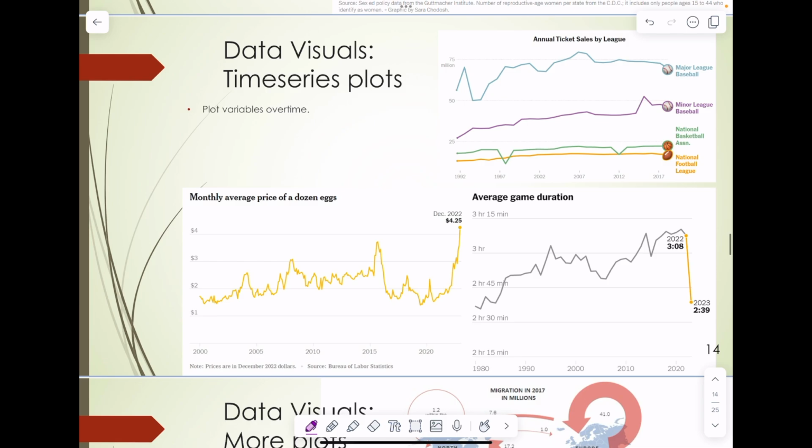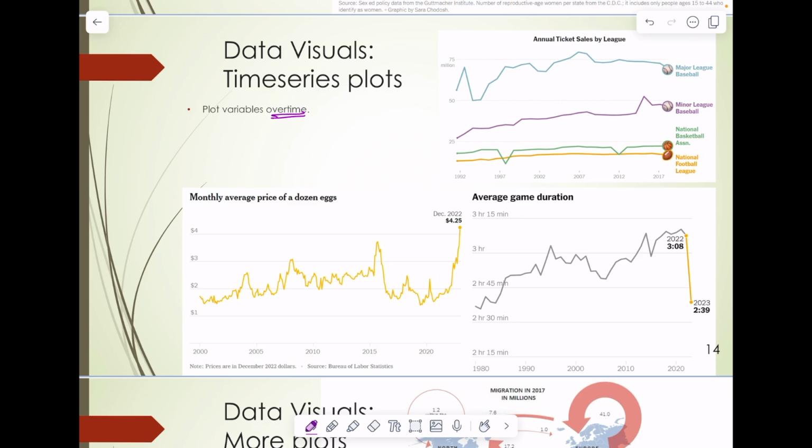Okay, time series plots. A time series plot plots a variable over time, and this also allows you to see trends and identify certain events or patterns. A lot of you are probably more sports savvy than I am.